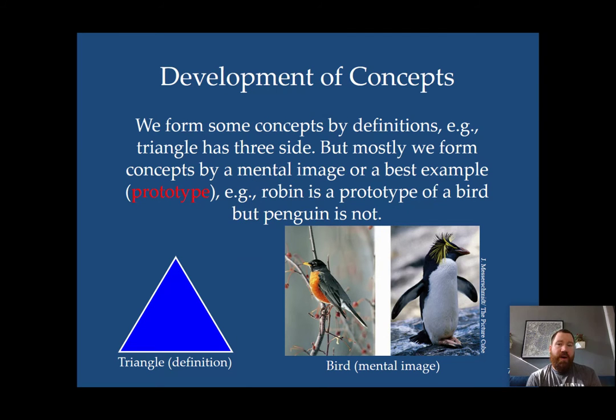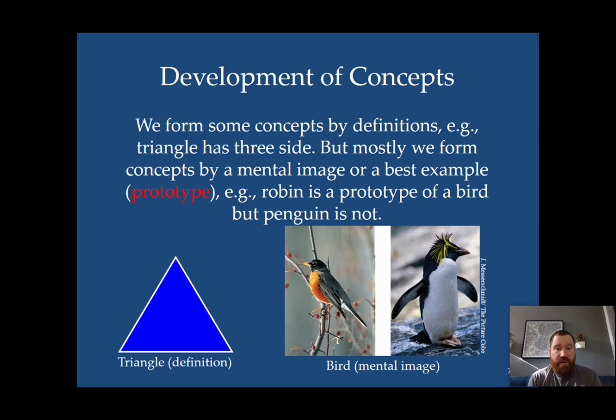So another way to look at it is that some concepts are very basic, right? Triangles are a polygon with three sides. But others are not, right? So when we're thinking of prototypes, if we're thinking of birds for this example, we might think more of a robin or a blue jay or a sparrow as a prototype of a bird.